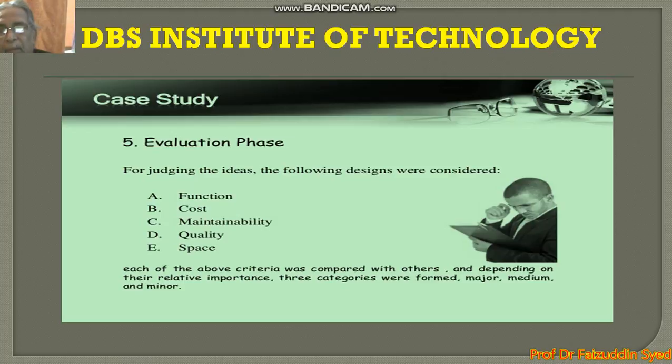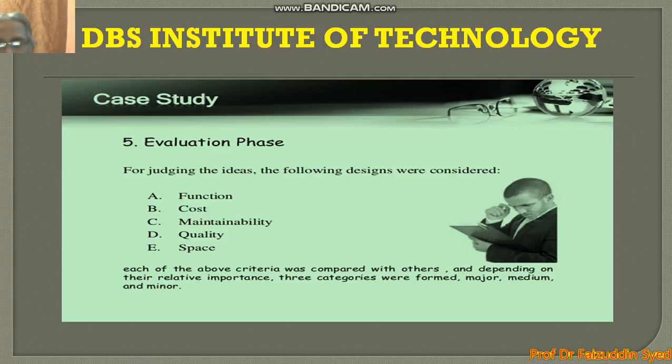Evaluation phase. For judging the ideas, the following criteria were considered. Generally, the design criteria consist of the functions of the product, cost of the product, maintainability of the product, quality of the product, and the space for the product.